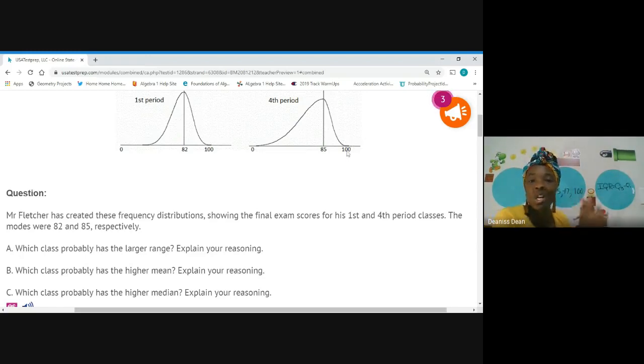So when you started adding those scores together, let's say it was like a 0, then somebody made like a 10, let's say somebody made like a 30, then we know a lot of people made 85s, right? And then we got somebody who made 100. That's for fourth period. But if we go up to first period, right? First period's first grade is nowhere near 100. This might be like a 40 or like a 30. All right.